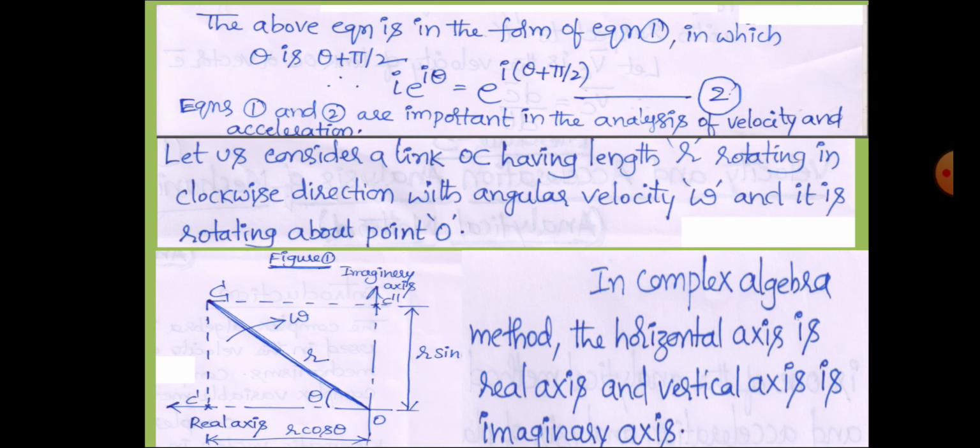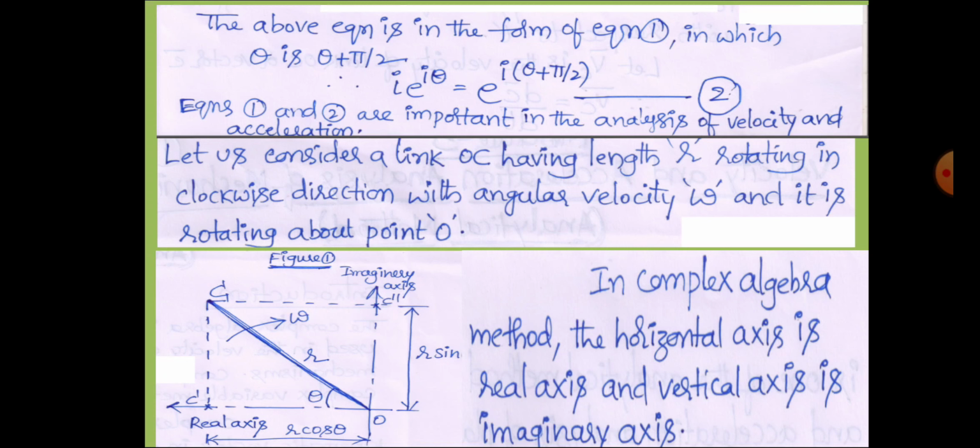Let us consider a link OC having magnitude or length equal to small r and rotating in clockwise direction with angular velocity omega. You can see the direction of rotation of the link, and it is rotating about the point O.